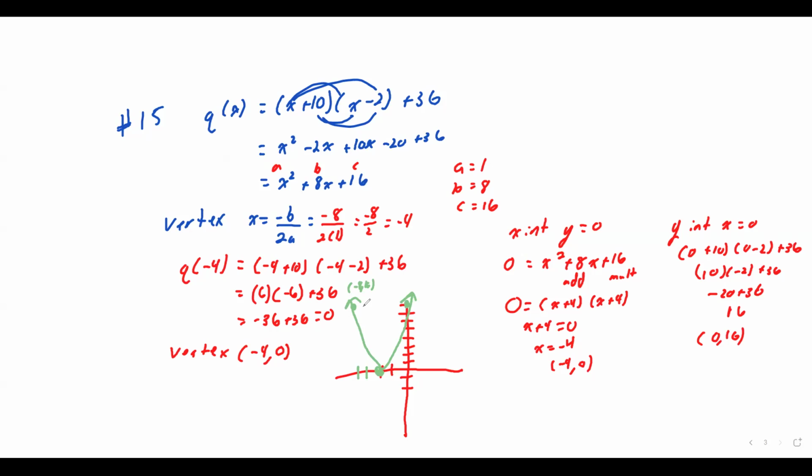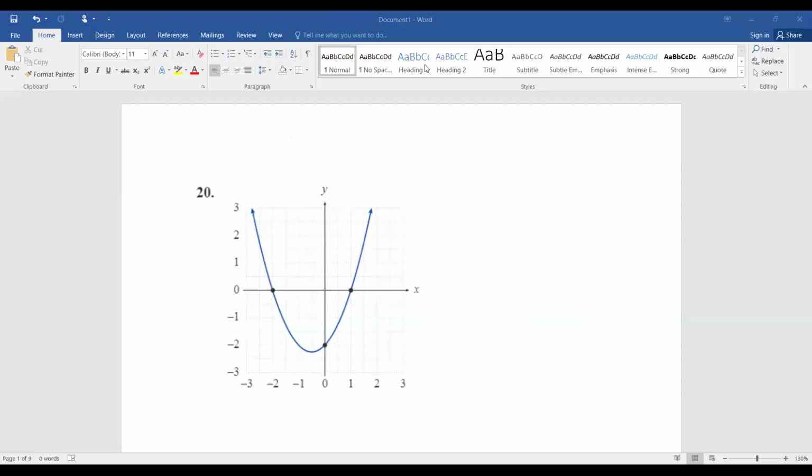All right, let's switch gears to some different types of problems you might see. Make sure y'all can see that. All right, perfect. I'm going to look at number 20. Number 20 says for each of the following parabolic graphs, tongue twister, find a formula for the corresponding quadratic function and use the formula to determine the coordinates of the parabola's vertex.